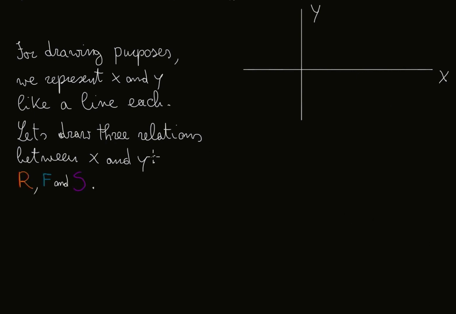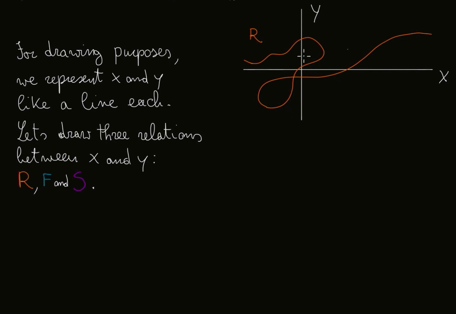We will denote them by R, F, and S, and draw them according to the colors that we have introduced here. Let's start off with R. So suppose that this is R. So this is a relation. At this point, since it's just a subset of x and y, then we will discuss if it has further properties or it's just a relation.